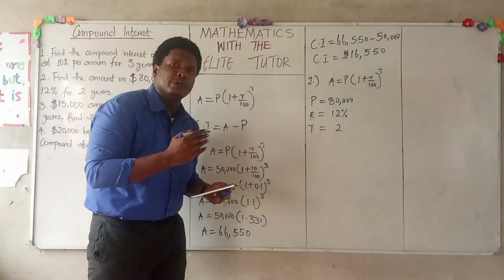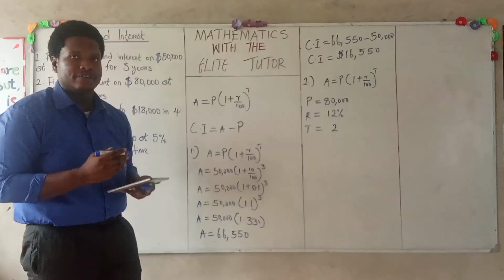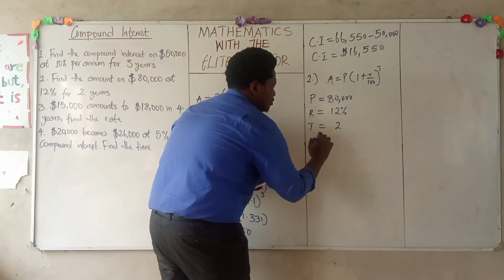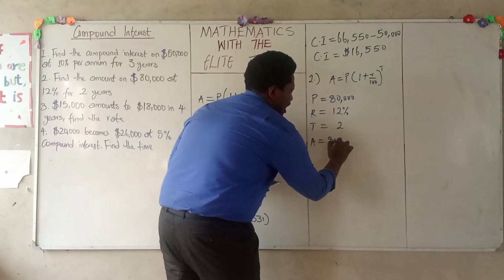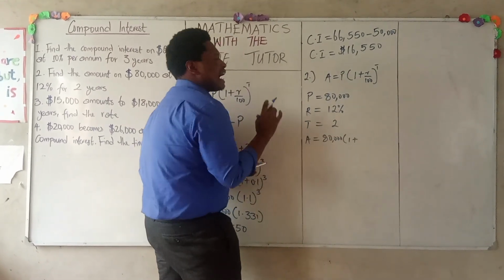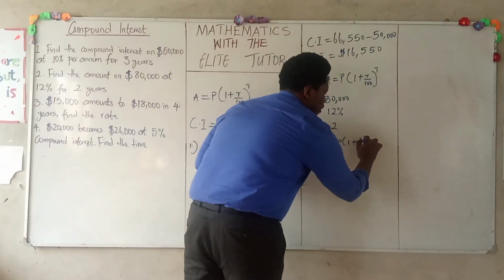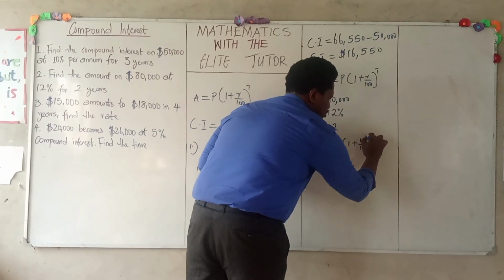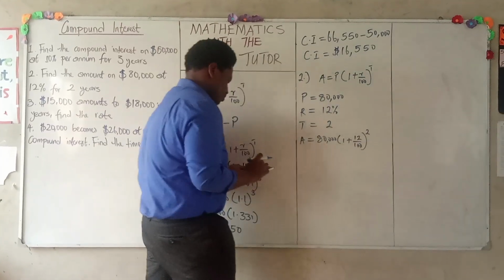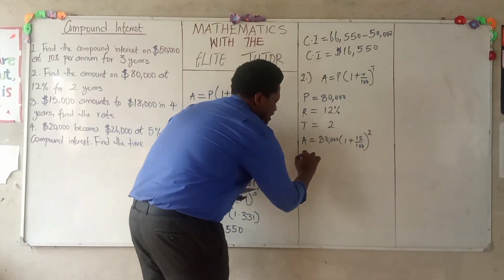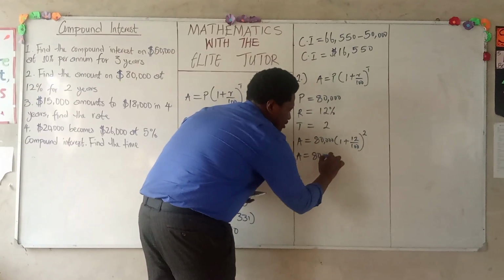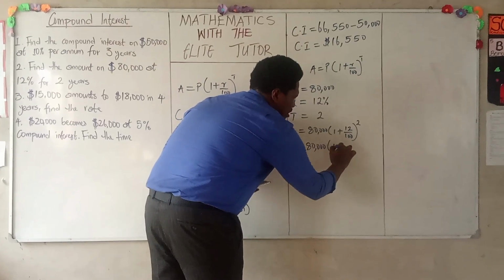So we go ahead to input our parameters into the formula. So we have that amount is equal to P, which is 80,000, into 1 plus my R, which is 12, so 12 over 100, raised to power T. My T is 2. Now we have that amount is equal to $80,000, all brackets 1 plus.